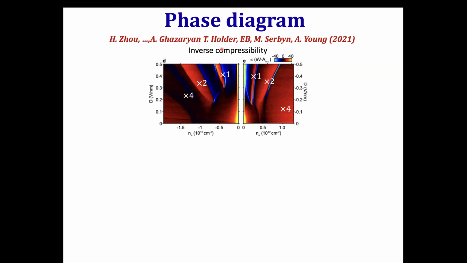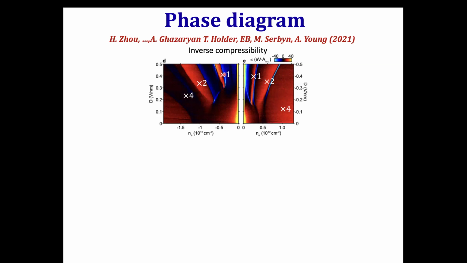Out here, when you're far away from the flat region of the dispersion, you fill in electrons, they go equally into the four flavors, the two spins, two valleys of the system. But as you approach the peaks in the density of states, the system tends to break that symmetry and choose only two out of the four flavors and fill only these.